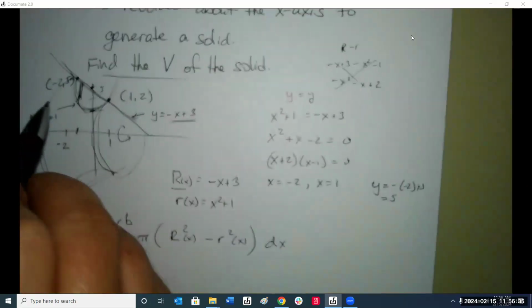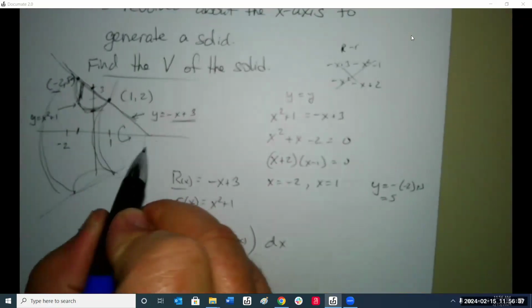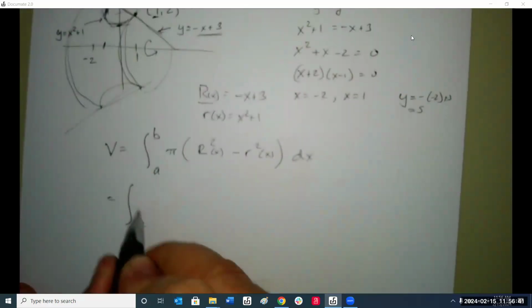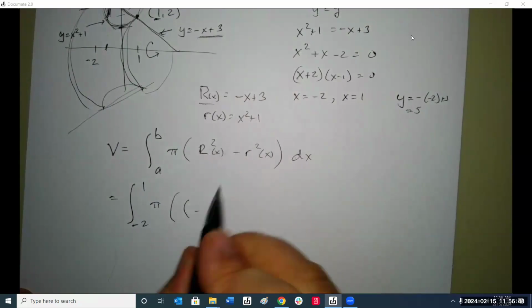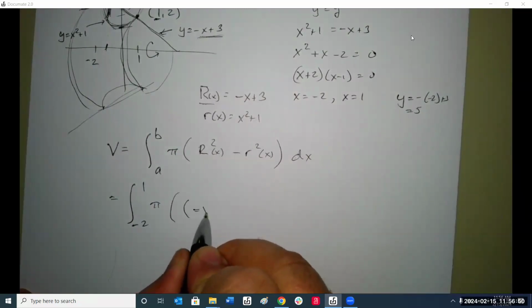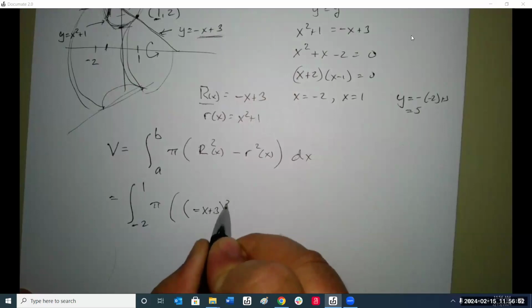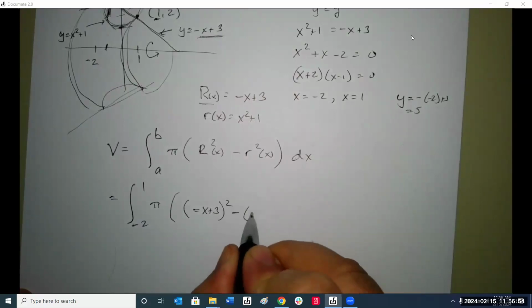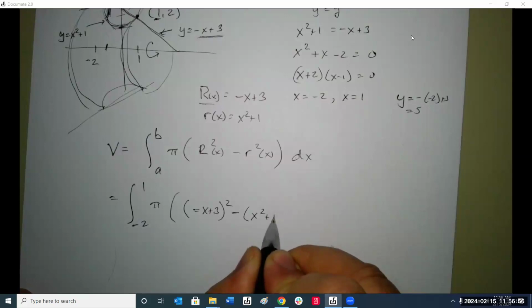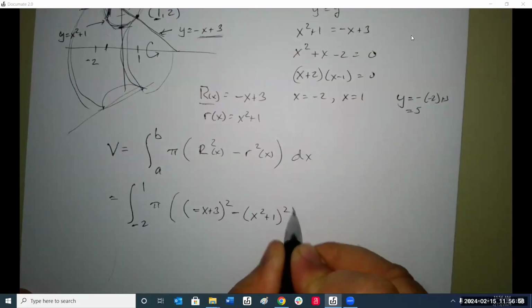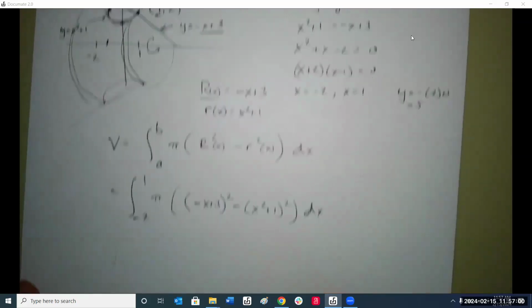Our bounds are from -2 to 1. Look at the x values. So big R is negative x plus 3, squared, minus little r, x squared plus 1, squared, dx.